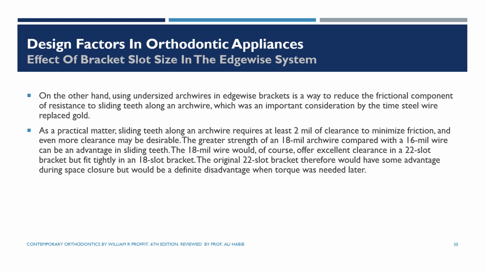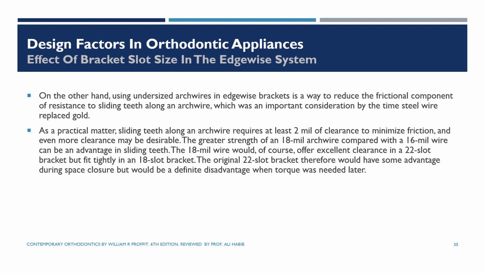In orthodontics we do a lot of sliding. So in order to slide in 022 or in 18 brackets, you have to have a minimum of 2 mil clearance between the wire and the bracket to minimize friction. So usually when we use 18 by 25 brackets, you expect when you slide to use 16 round wire.